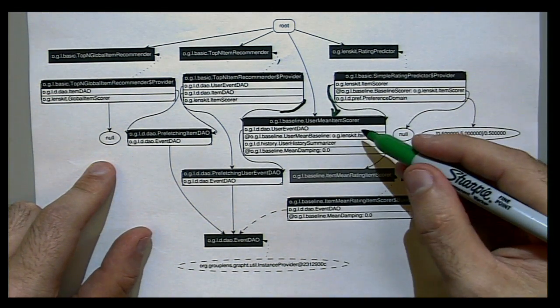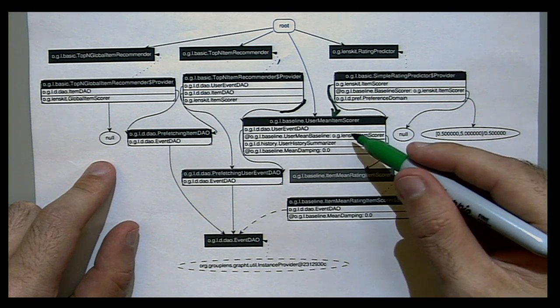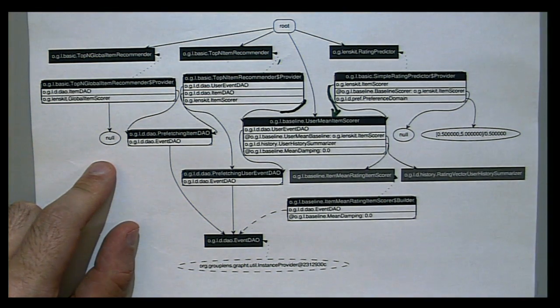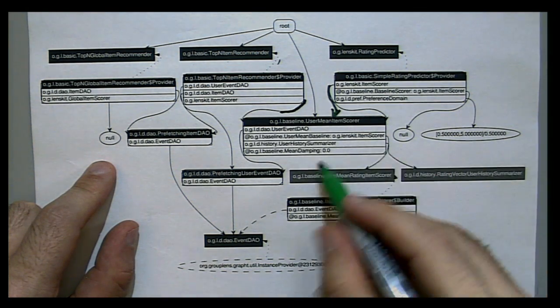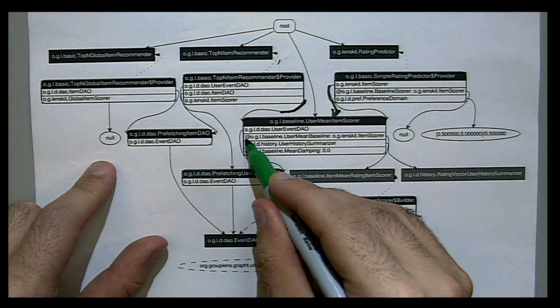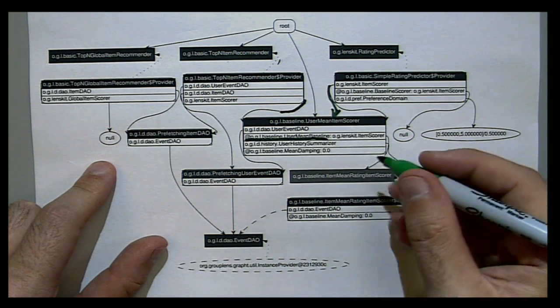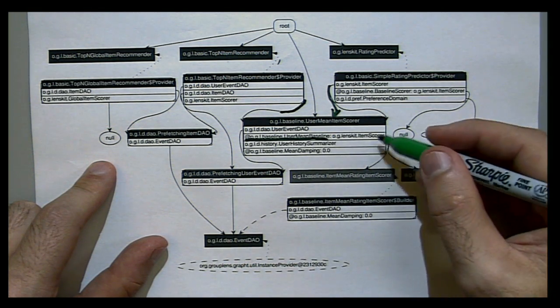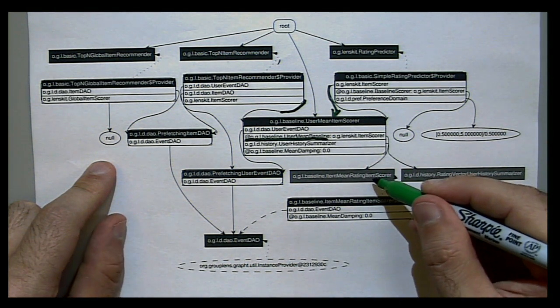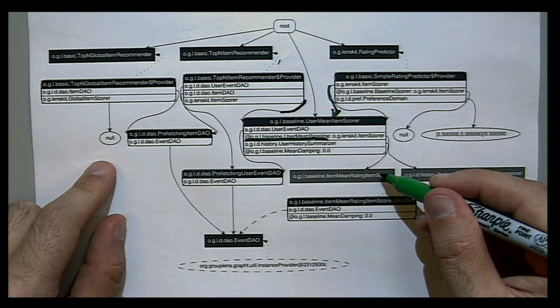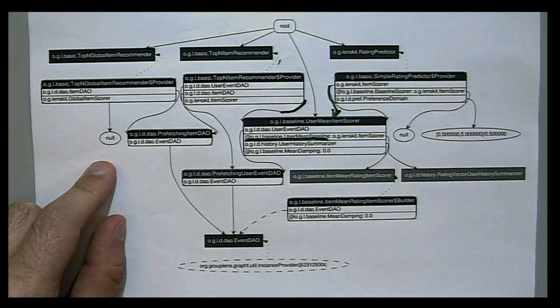And this is the user mean ItemScorer that we configured. The user mean ItemScorer actually uses user mean offsets from some other scores, and it depends on a scorer with the qualifier, this thing that has an @. We'll look at that in a little more detail in just a little bit. And it depends on the item mean rating ItemScorer, which scores items just using the item mean rating.